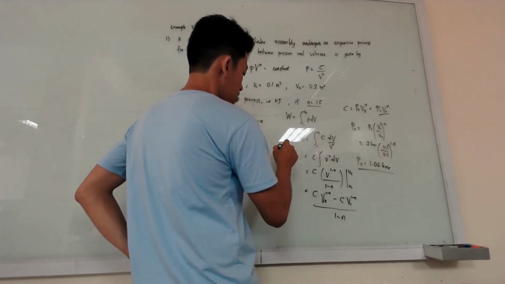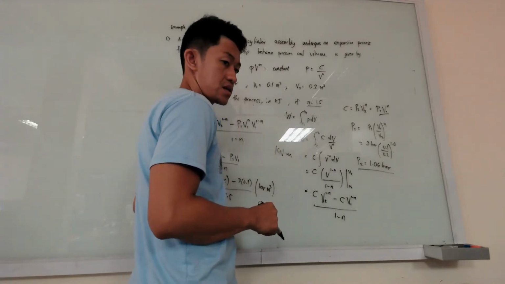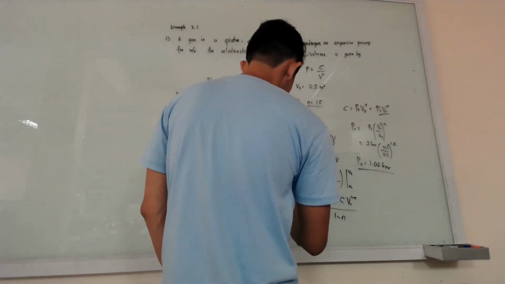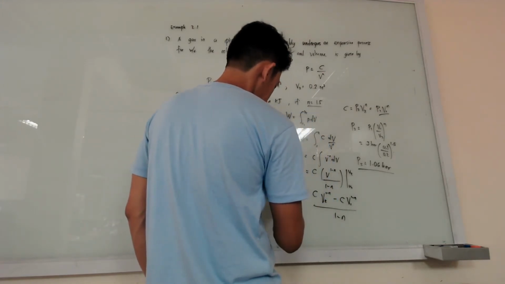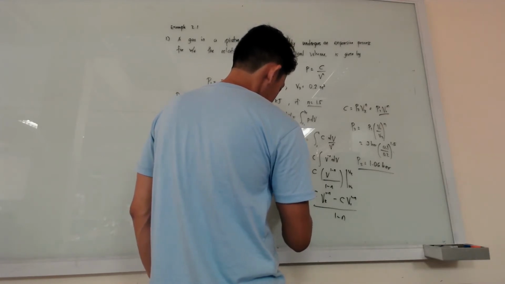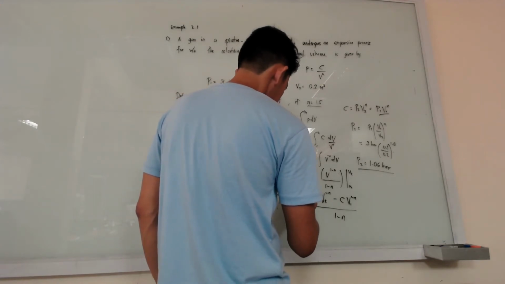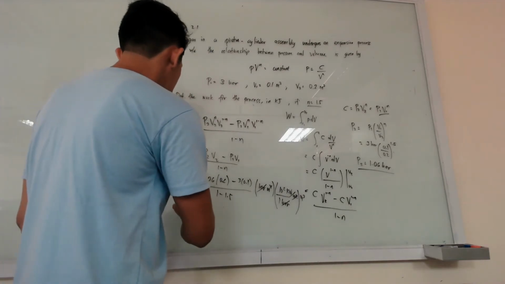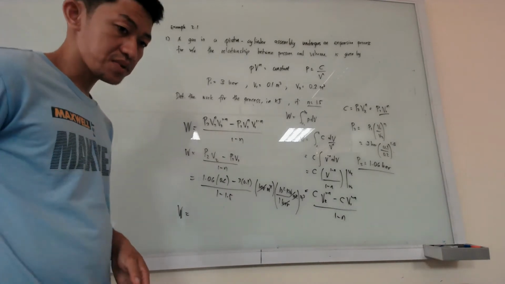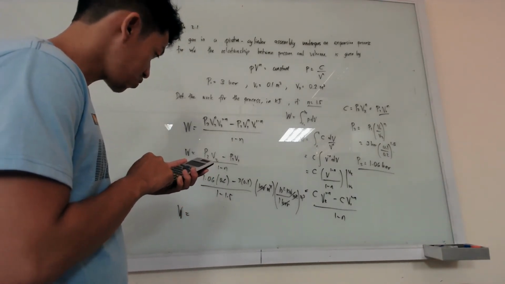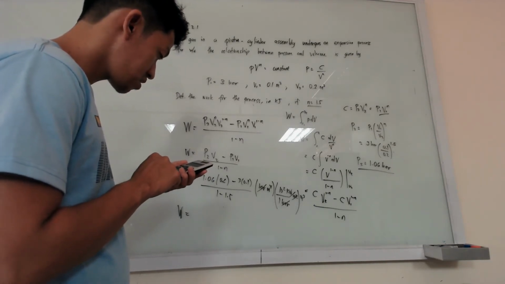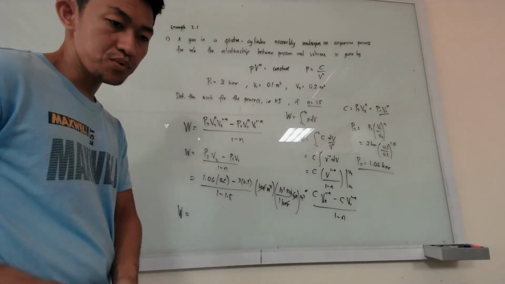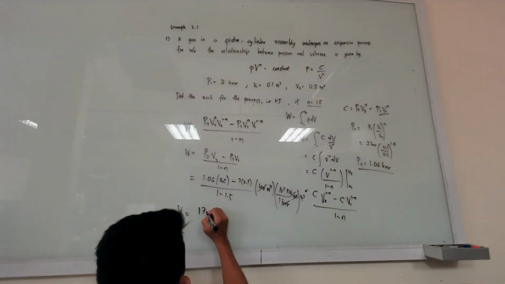Kilojoule is just kilonewton meter. So we convert bar to kPa: 1 bar is just 10 to the 2 kilonewton per square meter, times m cubed, which becomes kilojoule. So multiply 1.06 times 0.2 minus 0.3, divided by negative 0.5, times 100, which gives 17.6 kilojoule.